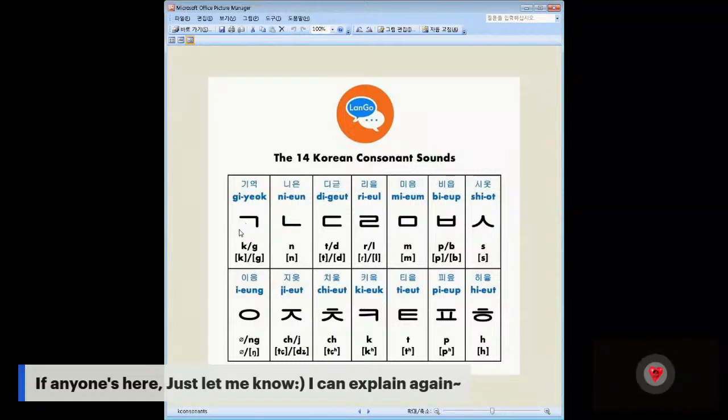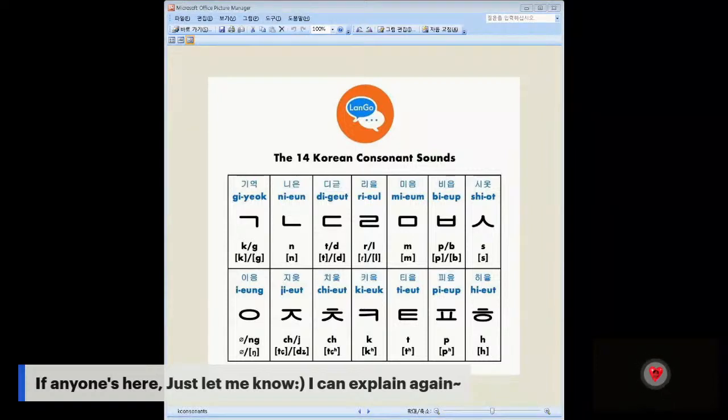But when the vowel is placed below the consonant, we don't curve that much. But when it is at the right side, we curve like this a little bit. So that's our first consonant, 기역. 기역. 그.